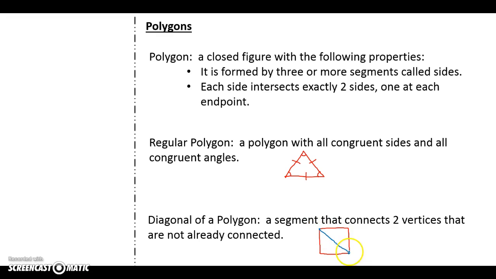So if I connect those, that creates what we call a diagonal. I could also connect this one with this one and make another diagonal, so this square has exactly 2 diagonals. These 2 points are already connected, these 2 points are already connected, so on and so forth. So that is a diagonal.